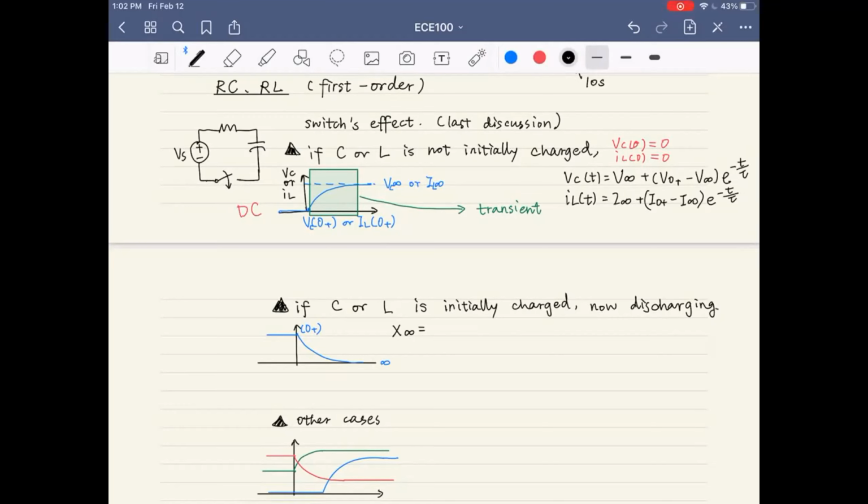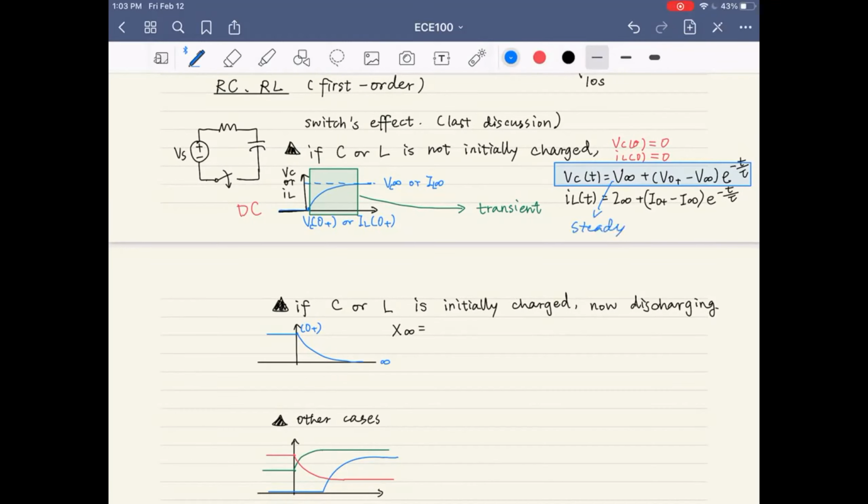And for the inductance, as time goes by, it is steady and there is no more change in the current. Because the voltage is the derivative of current, when we have no change in current, we will have zero voltage. And zero voltage means that it acts like a short circuit, right? That is 0 plus, as we discussed just now.